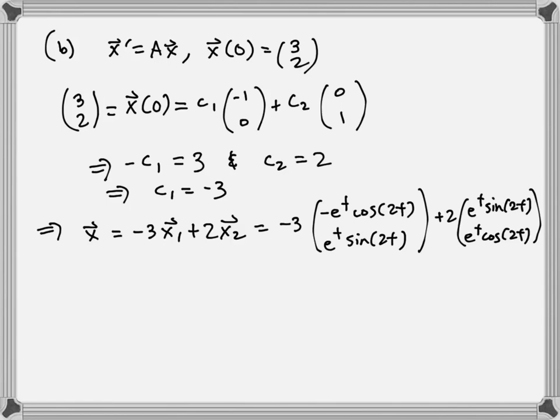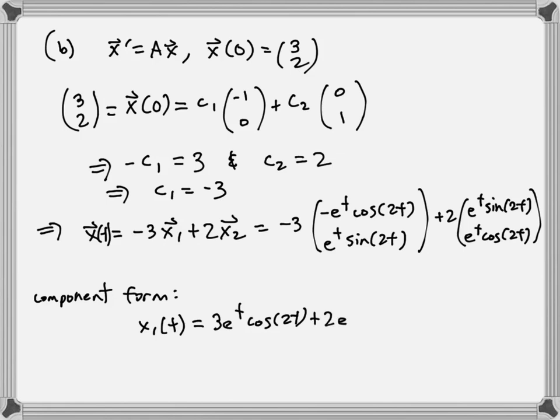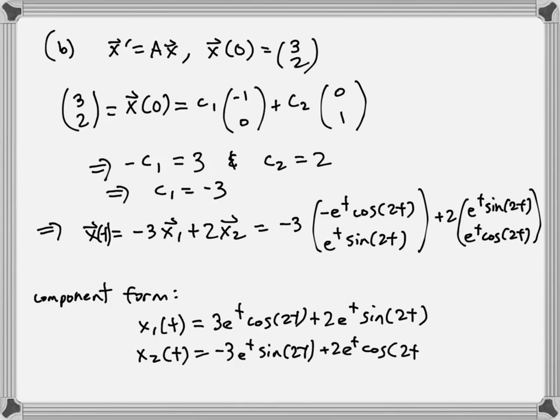Now, understand, guys, that this can be written in component form. If you wanted to write it as two different components, you could do that, right? It wouldn't be vectors anymore, sorry. So you can write it like this. x1 of t is equal to 3e to the t cosine 2t plus 2e to the t sine of 2t, and x2 of t is equal to negative 3e to the t sine 2t plus 2e to the t cosine of 2t.